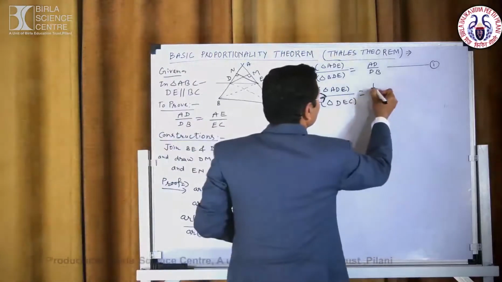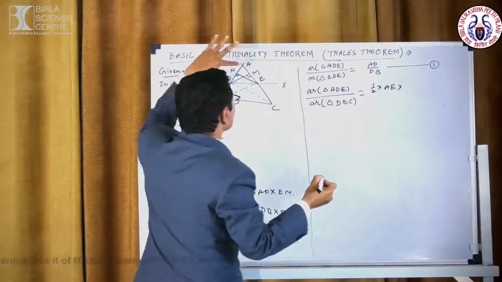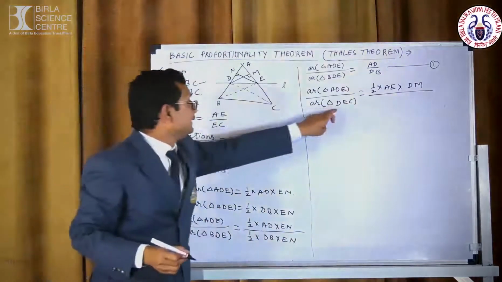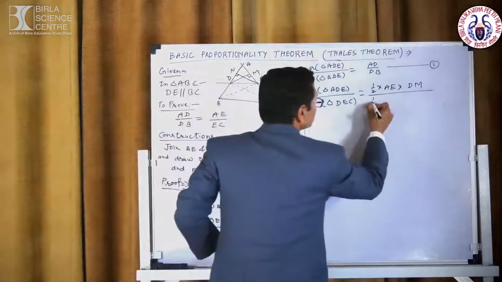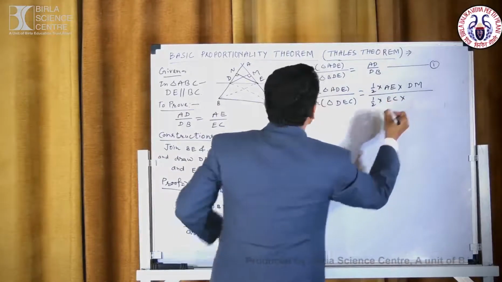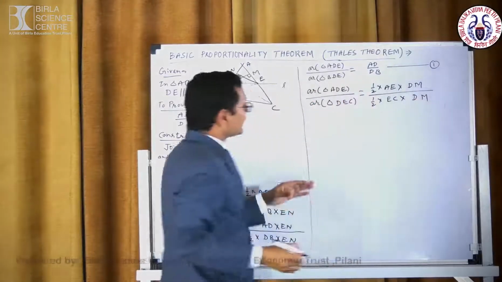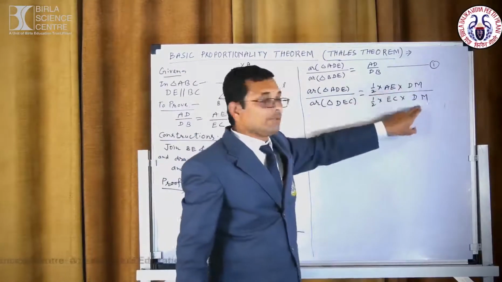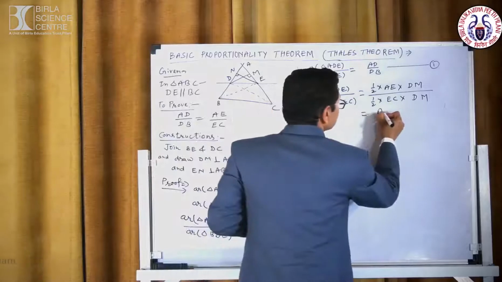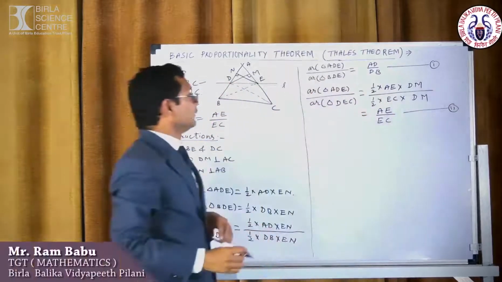So it can be written as half base AE multiplied by perpendicular height DM upon, for triangle DEC, half base is EC and perpendicular height is again DM. Here also half will be cancelled out and DM will be cancelled out. We will get AE upon EC. This is your second equation.